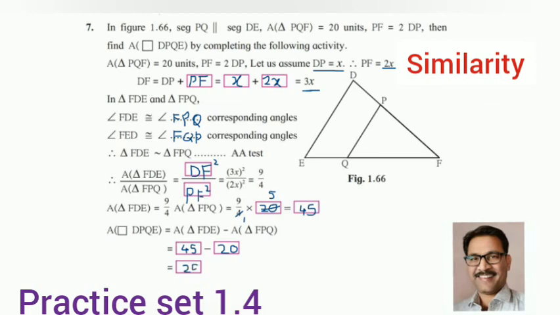So don't forget to write square units. This is very, very important. By mistake in the given textbook, the square is missed in the given information. So don't forget to write this unit. This is the area of quadrilateral DPQE, which is 25 square units. Okay friends.